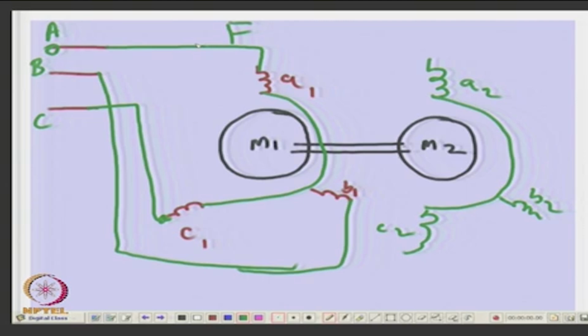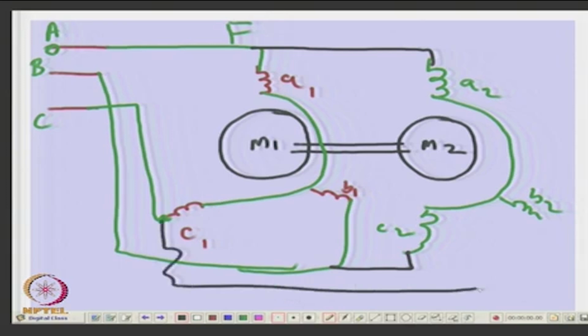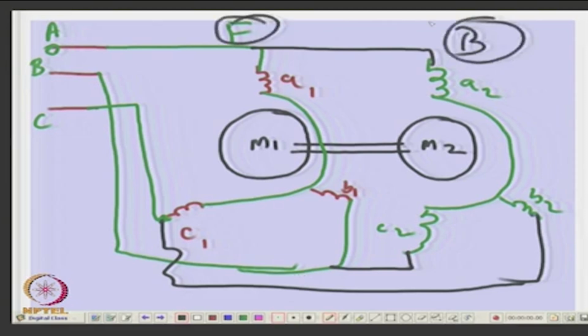Then the second one, let us say you connect A, but this B you connect here, and C you connect here. Is it okay? So, this is a backward motor.